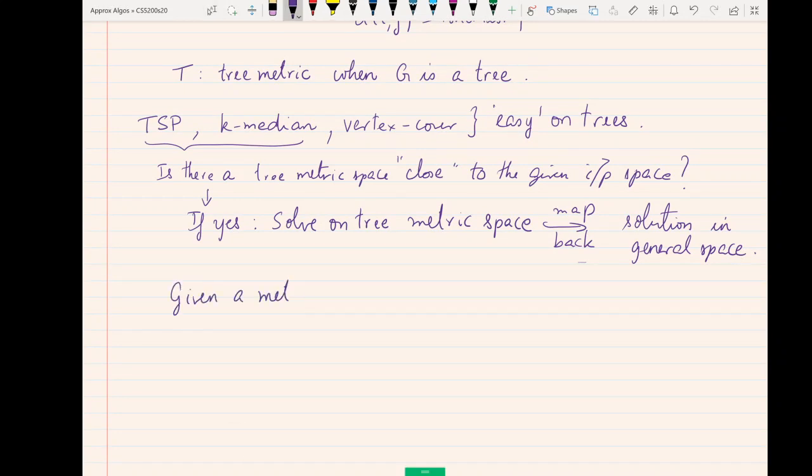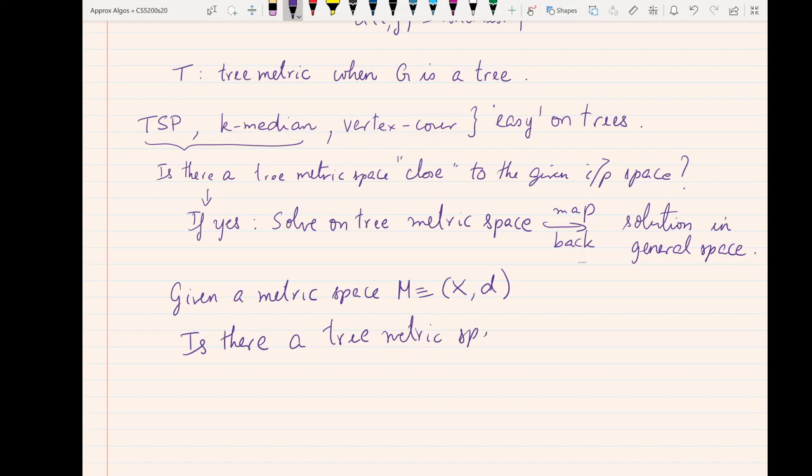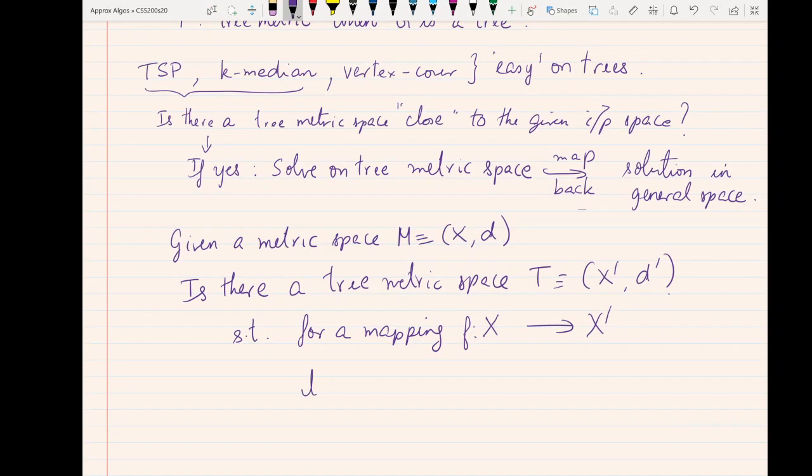Given a metric space M, which is (X, d), is there a tree metric space (X', d') such that there is a mapping f from X to X', where the distance between i and j is approximately equal to the distance between f(i) and f(j)?